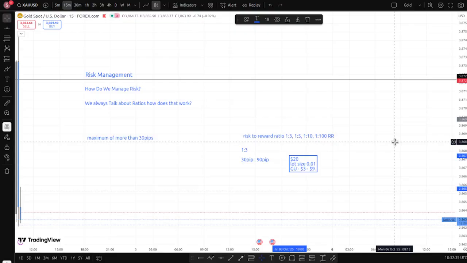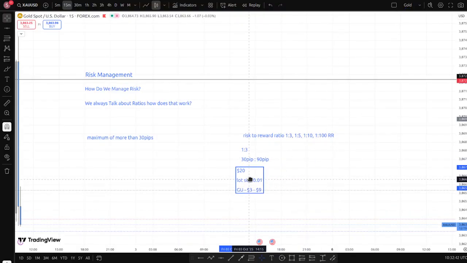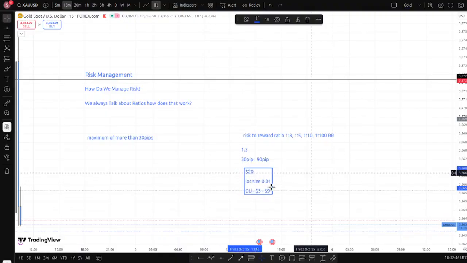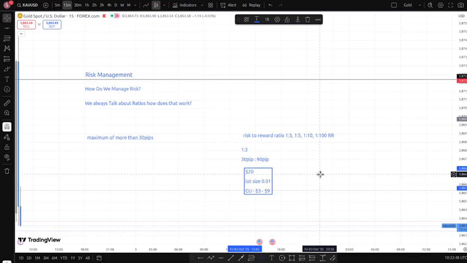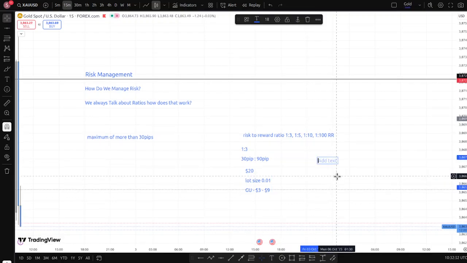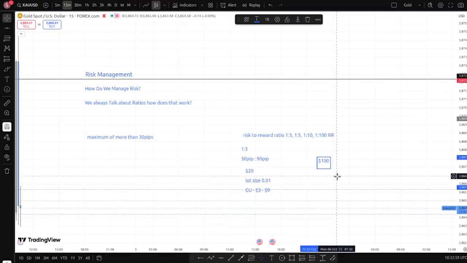Okay, this is for one trade. Okay, let's make a small change. Assume now you have $100, and with this $100, you said your lot size is 0.1.